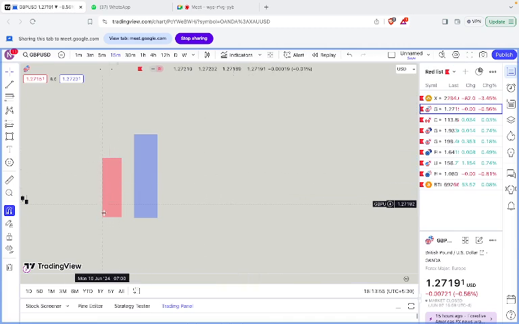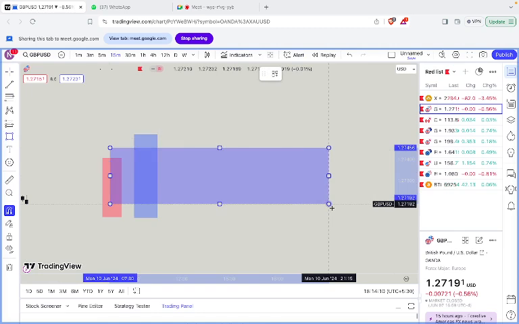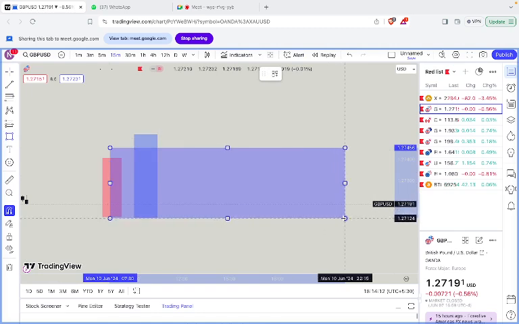Here we have a bullish engulfing. When a blue candle completely engulfs a red candle, including the top part of the wick, we call it a bullish engulfing. If you put a rectangle over this candlestick pattern, we call it the engulfing buy zone.